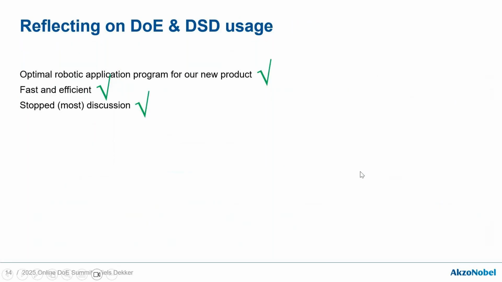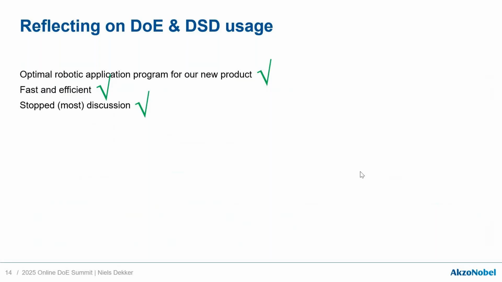So just reflecting a little bit, in this example we got to the optimal robotic application program for our new product. We did it in a fast and efficient way, and we stopped most of the discussions. There's always a little bit of discussion afterwards, but that's in any business.